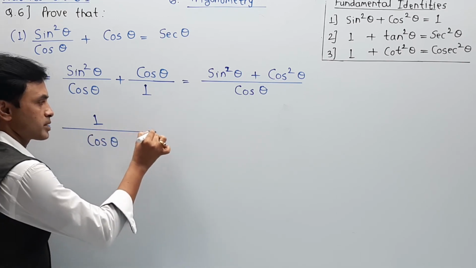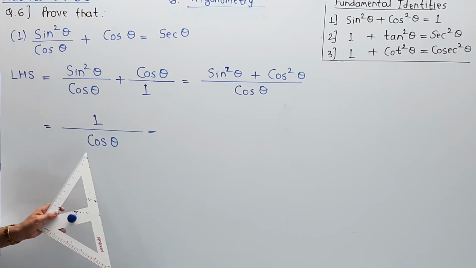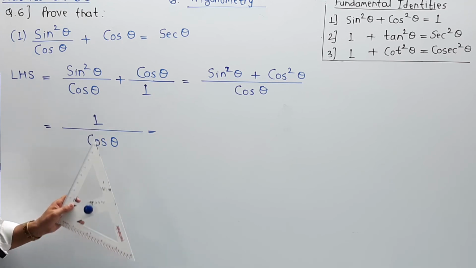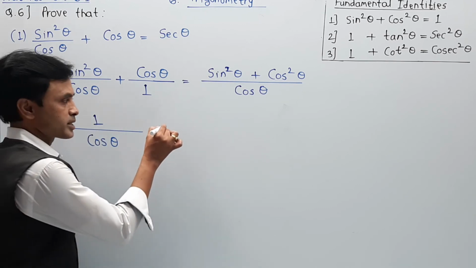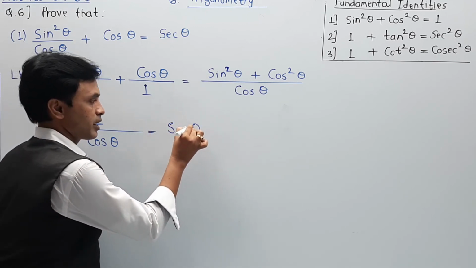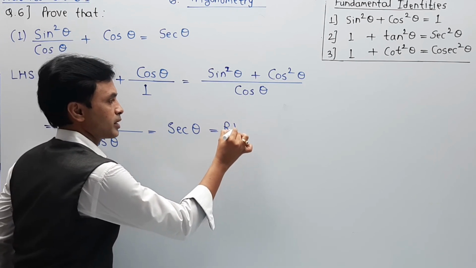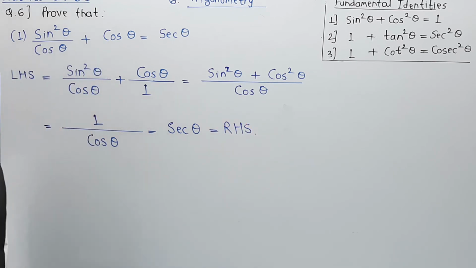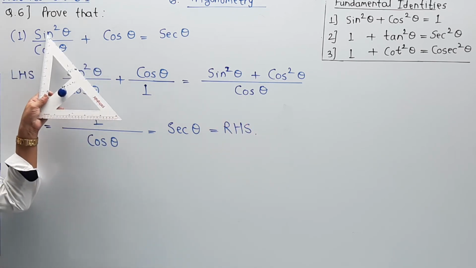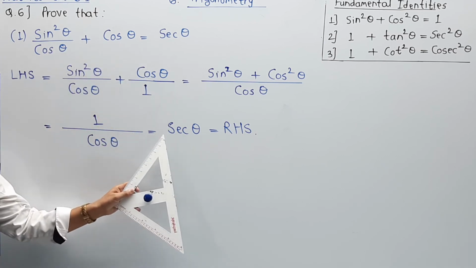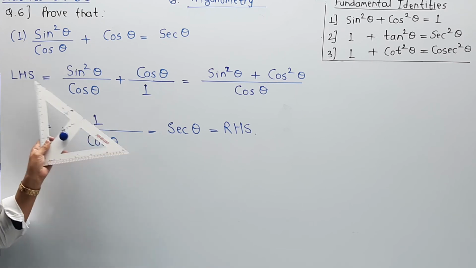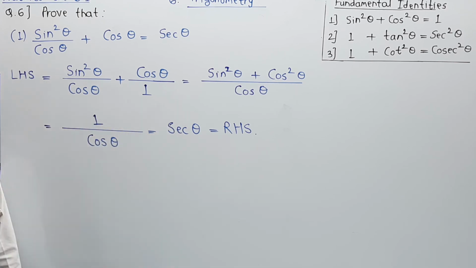Now, you know cos theta is the reciprocal of sec theta and sec theta is the reciprocal of cos theta. So 1 upon cos theta is nothing but sec theta, which is your right hand side, or RHS. In this way you can prove that sin square theta upon cos theta plus cos theta is equal to sec theta. In this way we have written LHS is equal to RHS.